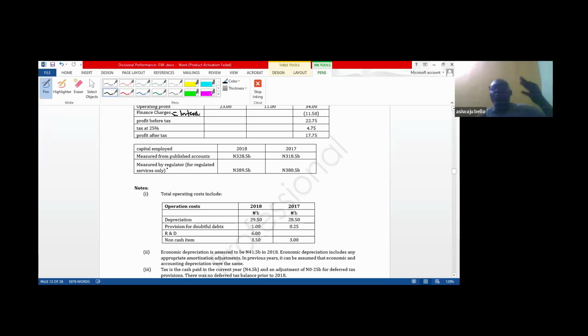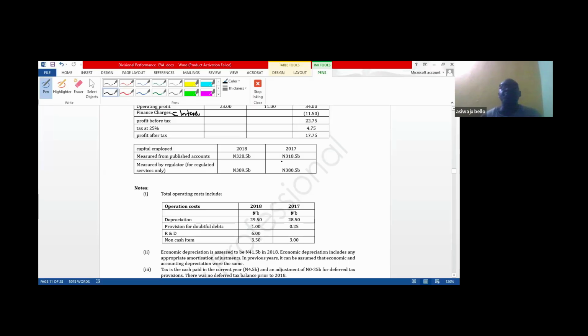For the purpose of calculating EVA for the company as a whole, you are going to use capital employed from the published accounts. For the purpose of calculating EVA for IPN, you are going to look at the published account of the company.